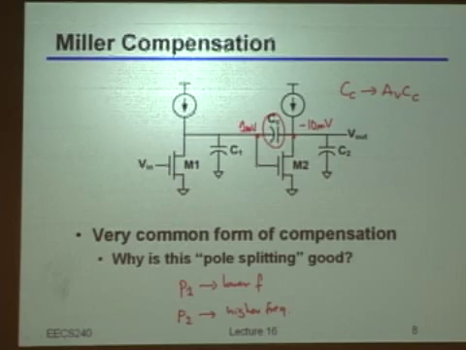The bottom line is the capacitor has at its terminals a difference of (1 + AV) times Vin, where AV is the gain of the second stage, gm times ro. So physically, it's really the amount of charge that is transferred.